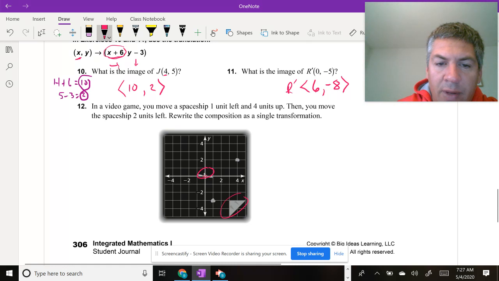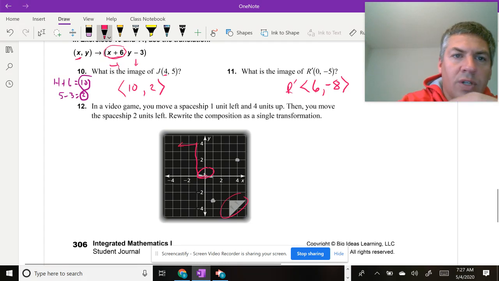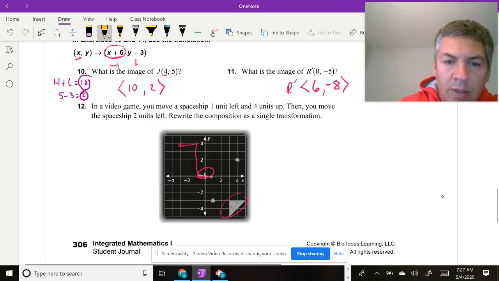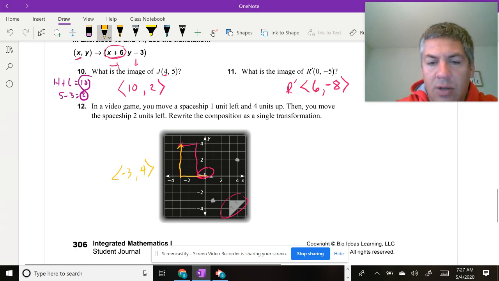We would move it from here to here. And then we're going to move 2 to the left over here. So then the corresponding vector would be 3 left and 4 up. So it would be negative 3, 4. All right. So that's according to this. I don't know if this is a spaceship or if this is a spaceship, whatever the case may be.